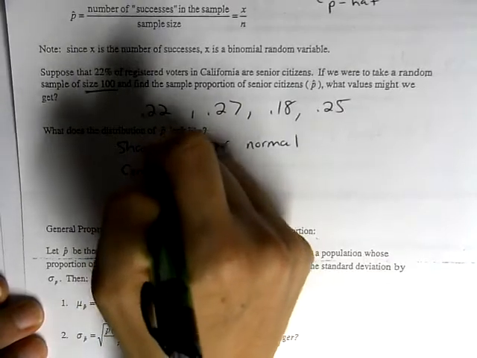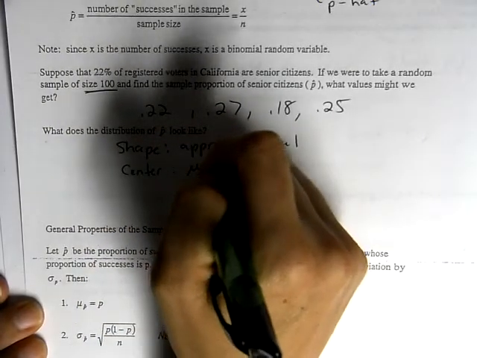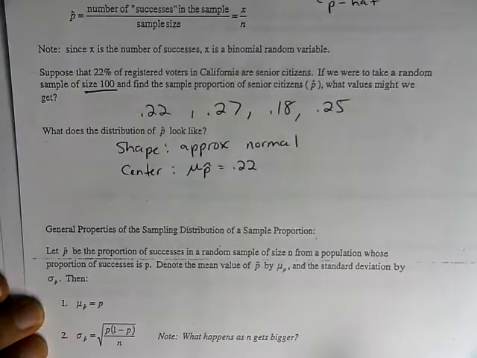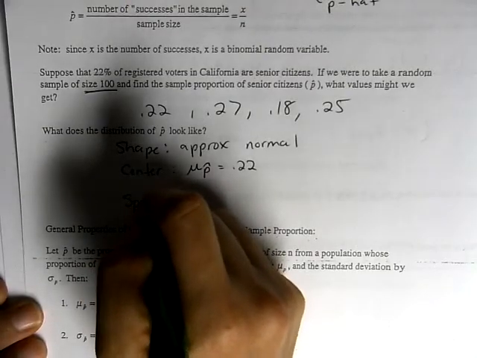Our center, mu of P hat, should stay the same, about 0.22, whatever your actual P value is. The spread is the tricky thing.